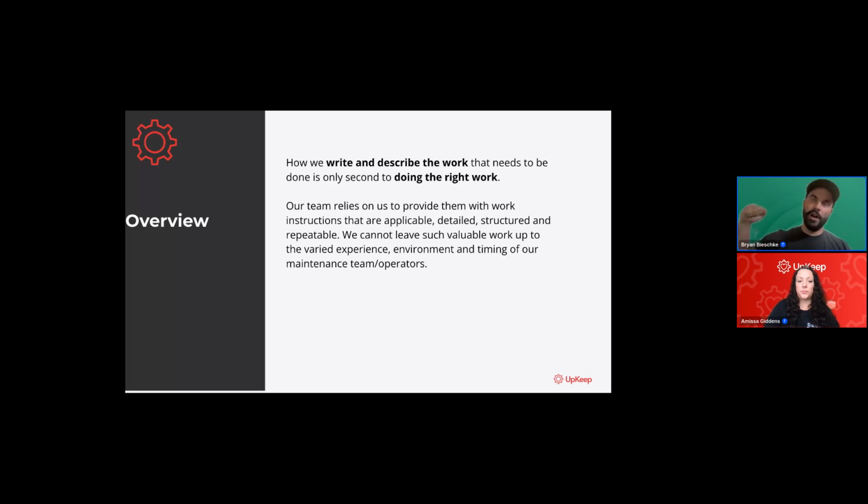We are so structured in doing the wrong stuff. Okay, keep that in mind. Our team relies on us to provide them with work instructions that are applicable, detailed, structured, and repeatable. We cannot leave such valuable work up to the varied experience, environments, and timing of our maintenance team and operators. We have to describe the correct work to do the right work.